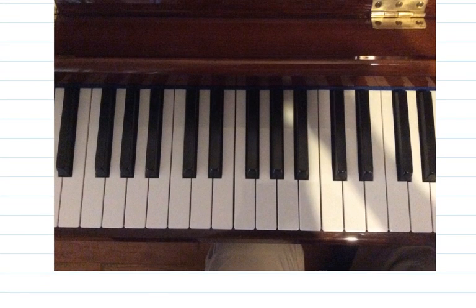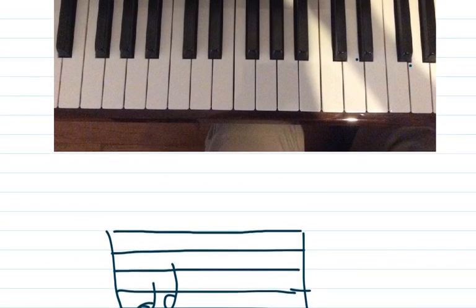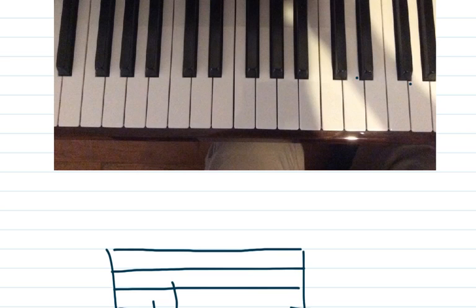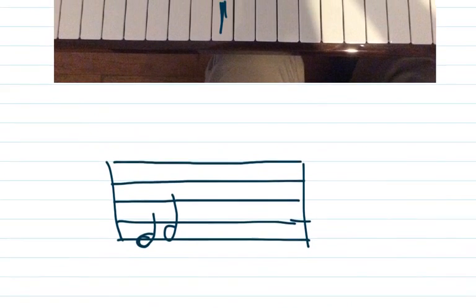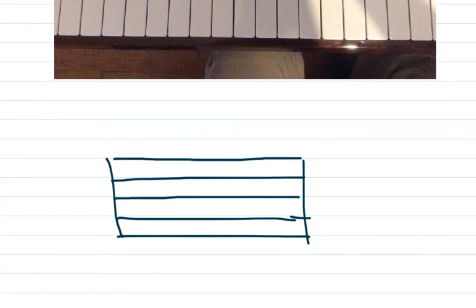To explain it like this: this is what they call a major second. Oh, my mistake, this is not a major second. I would have to do this. That's probably called a minor second.